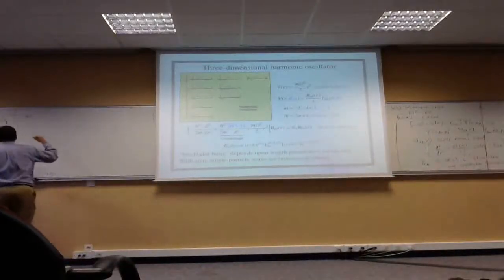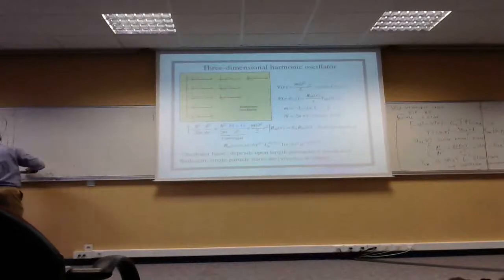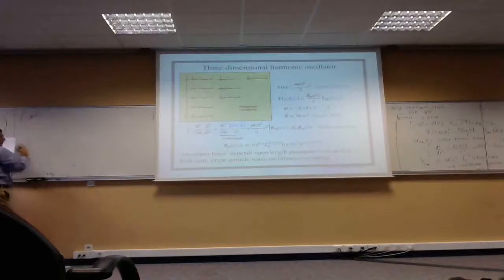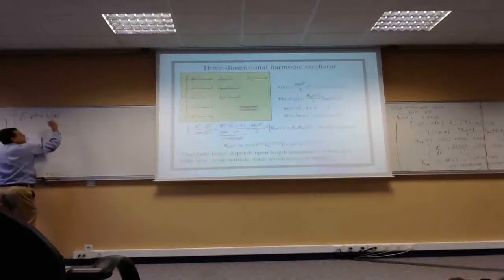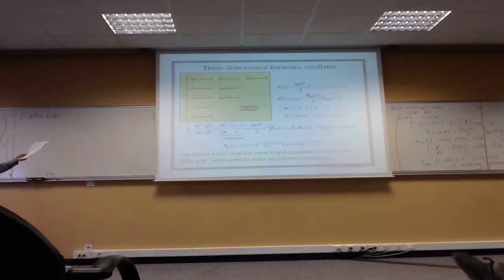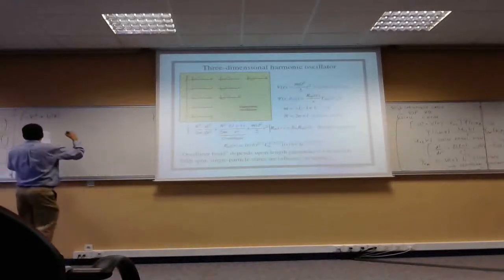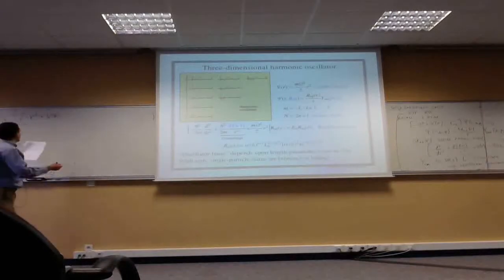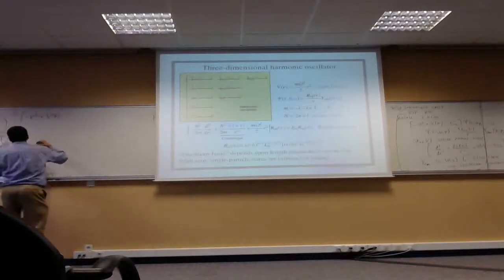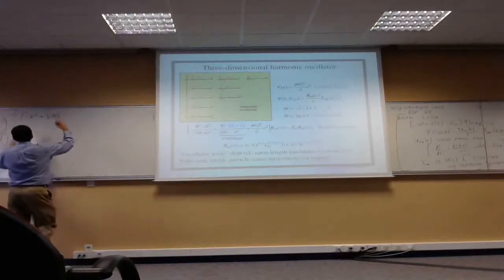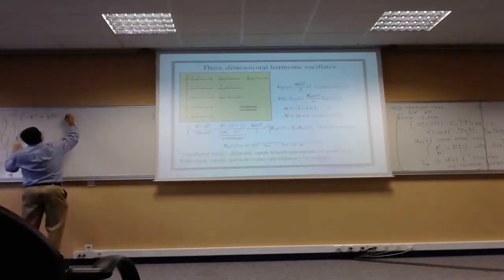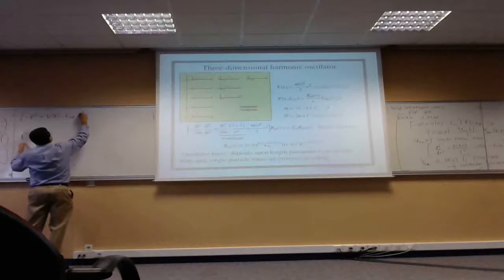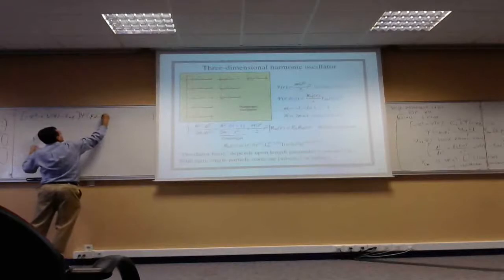So, 5 dimensions. The analogous situation is, well, we're already using the Laplacian for our kinetic operator, and now what if we have a potential that's a function of beta only? The harmonic oscillator in 5 dimensions, for instance, will be a beta squared potential. Our wave functions are functions of beta, gamma, and the Euler angles.